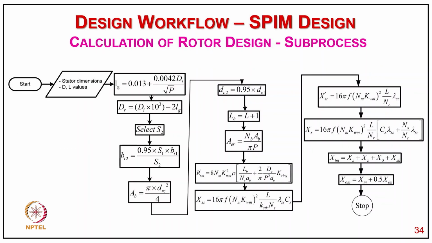And similarly the rotor design subprocess, starting from stator dimensions D and L, calculate the air gap length Lg, then rotor diameter Dr, then select the rotor slots S2, then calculate the B to T, then the bar cross section area, then depth of the rotor core, then the bar length, then area of the end ring, the resistance of the rotor referred to the stator, then the leakage reactance calculation referred to the stator, then the total leakage reactance, and then transfer all these leakage reactances, and then typically calculate the equivalent circuit and then stop.